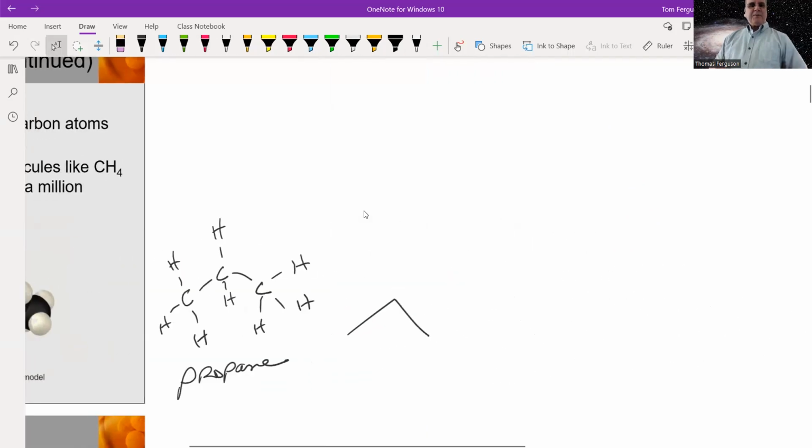Now, yesterday we talked about line drawings. A line drawing has an ending, a beginning, and then frequently, but not all the time, a kink. Those are all carbons. How would you draw something with one carbon in it?